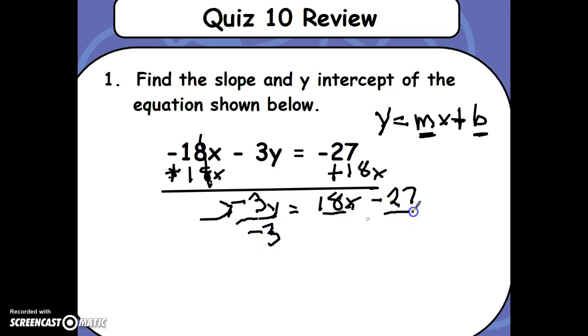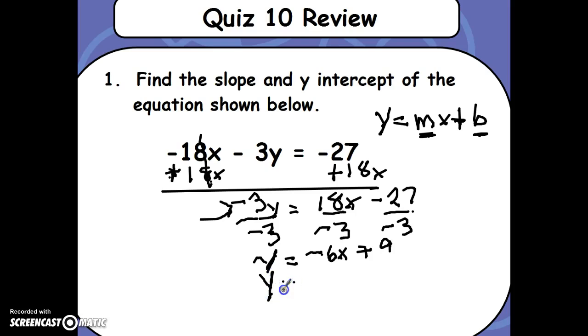And both of the terms on the right are going to be divided by negative 3 as well. And so you have y is equal to 18 divided by negative 3, which is negative 6x plus 9, because negative divided by negative is a positive. Now we have this in slope-intercept form.